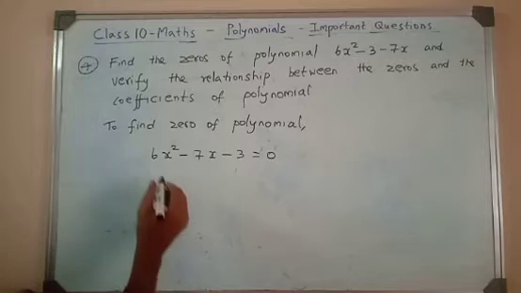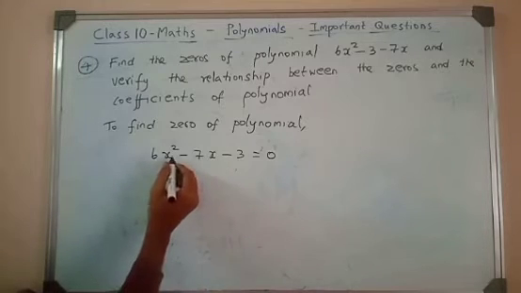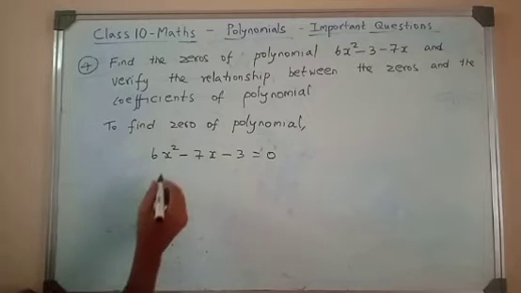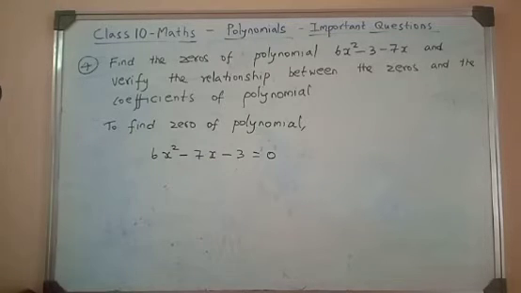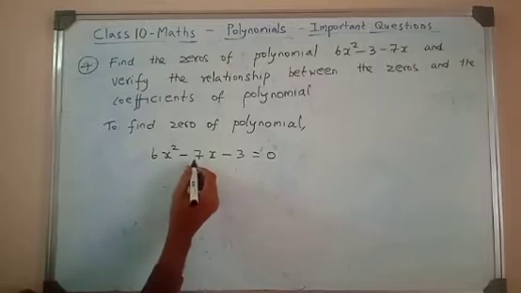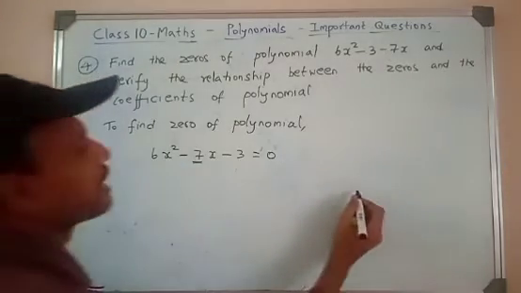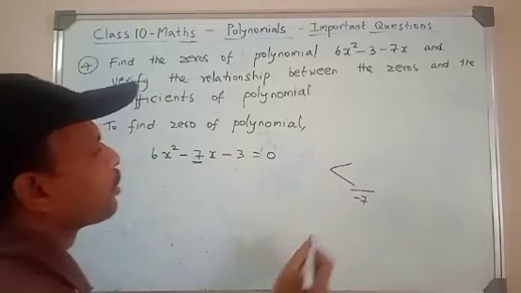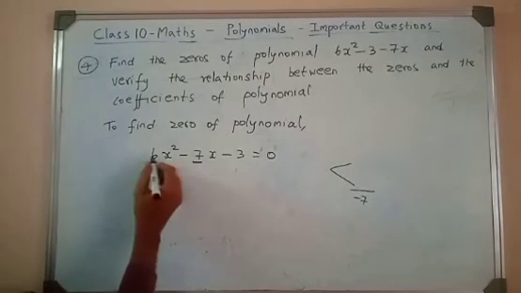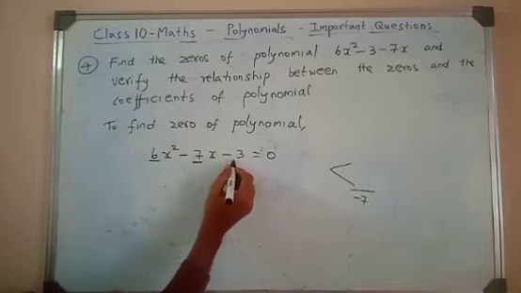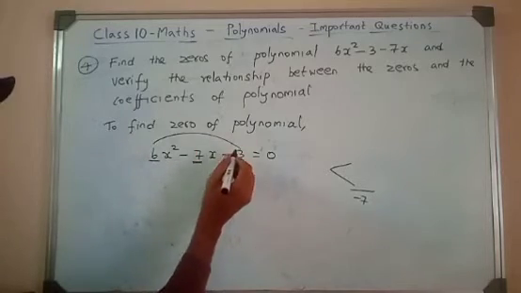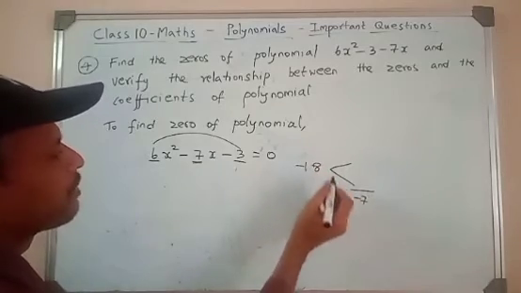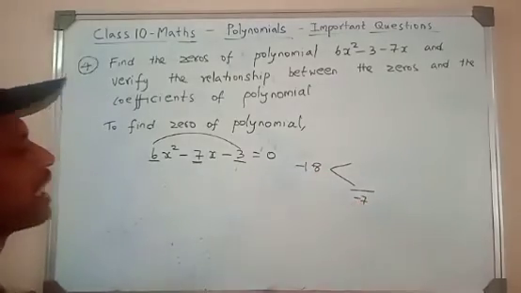So here we have to write in the order: first the higher degree term, after that the x term, after that the constant. So here, using the middle term splitting method, we are going to factorize it. The middle term is minus 7, so I have to get a sum of minus 7, and the product is the product of the coefficient of x square and the constant term. So 6 into minus 3 is minus 18. So I have to split minus 18 to get the sum as minus 7.